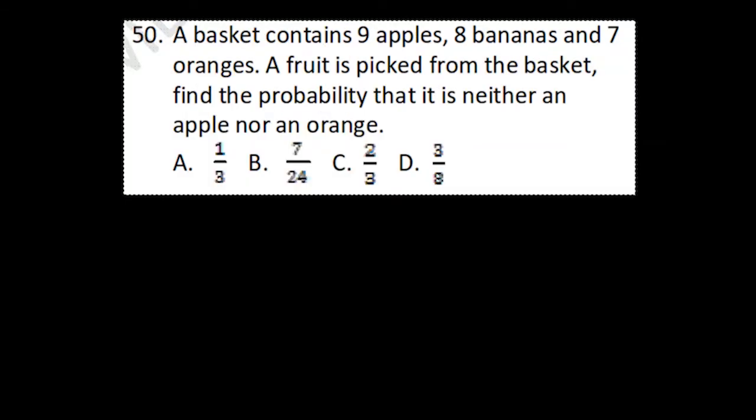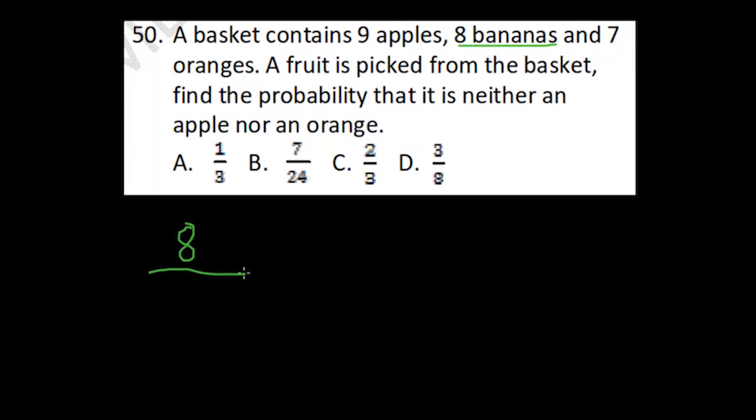9 apples, 8 bananas, 7 oranges, a fruit is picked from the basket. Find the probability that it is neither an apple nor an orange. So it means it is not an apple, it is not an orange. So we are dealing with banana. So how many bananas do we have? 8 bananas.